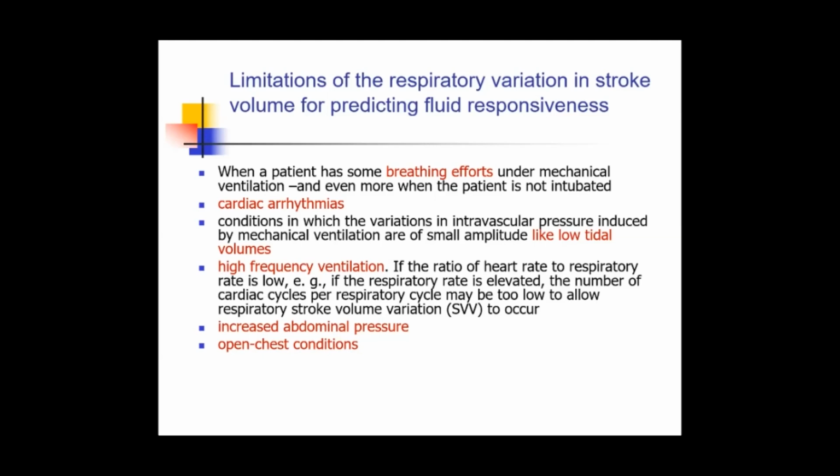That is, if the respiratory rate is elevated, the number of cardiac cycles per respiratory cycle may be too low to allow the respiratory stroke volume variation to occur. So with high frequency ventilation also we cannot properly predict the fluid response. Then conditions like increased abdominal pressure and open chest conditions. These are some limitations which can affect the indices we have already discussed.